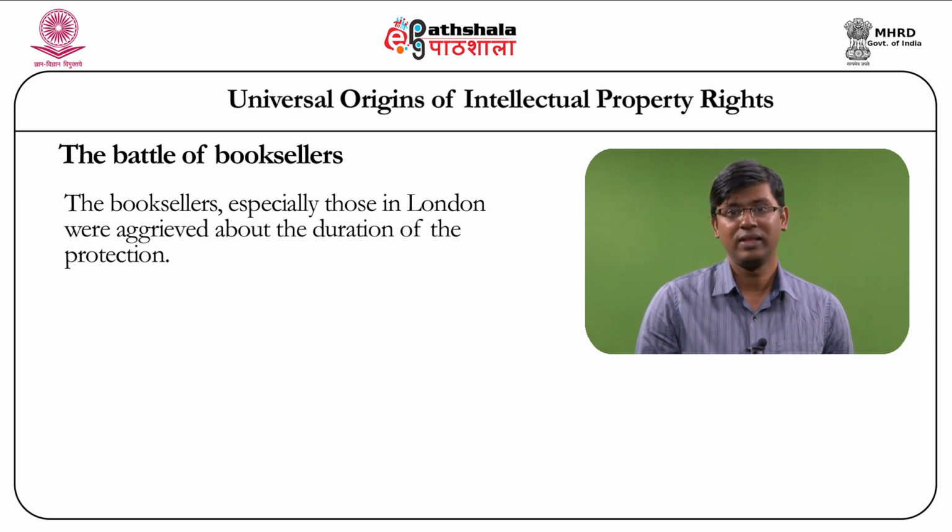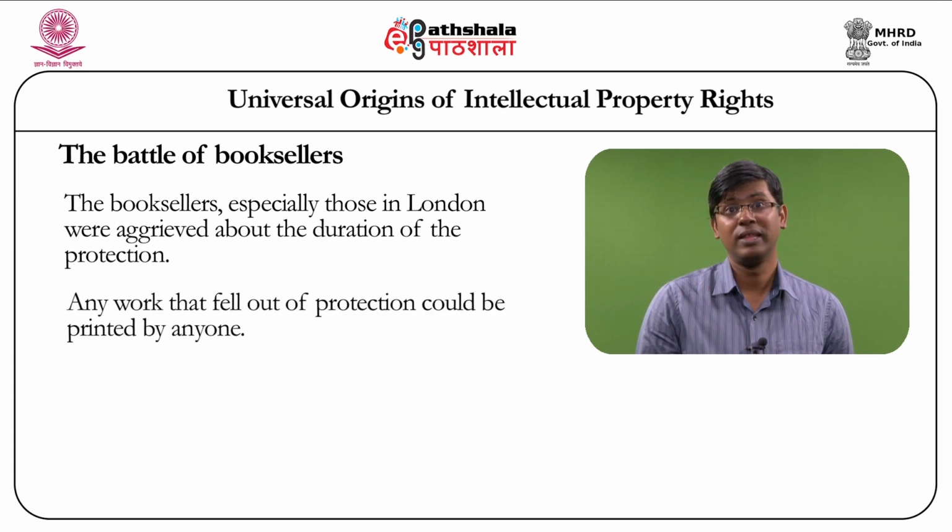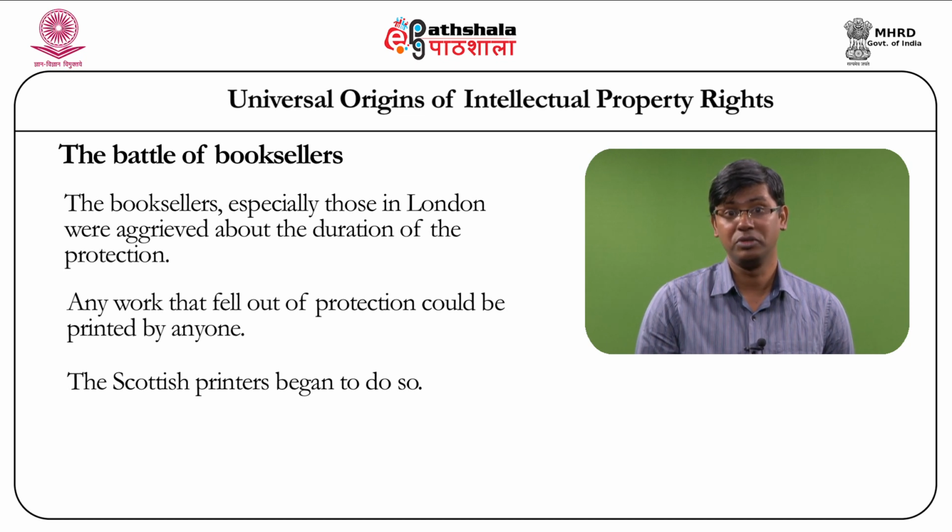They felt that the moment a book fell out of protection, there would be competition for them. They anticipated that the Scottish printers would begin printing these books, and this would hurt the sales of the London printers, who had so far maintained a monopoly for a number of decades.